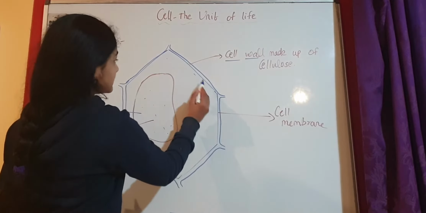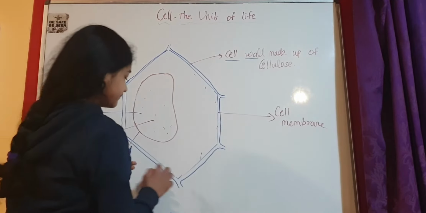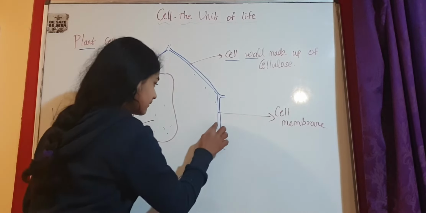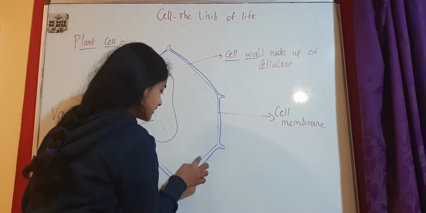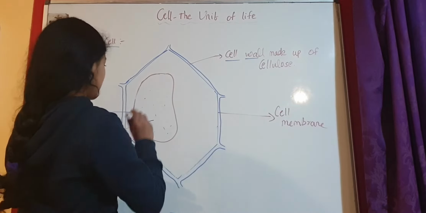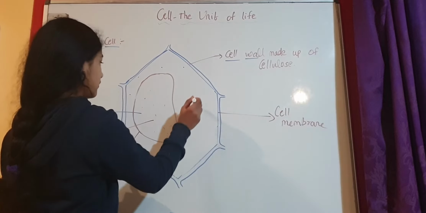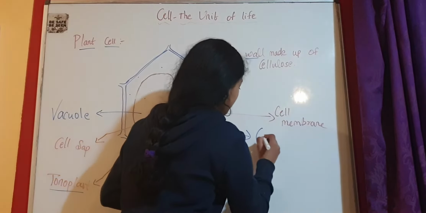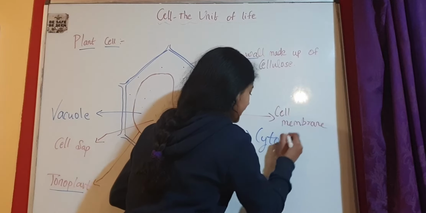Next thing is this fluid present in the cell, the jelly-like substance which is present in the cell. This is called cytoplasm. We looked at this in animal cells also.